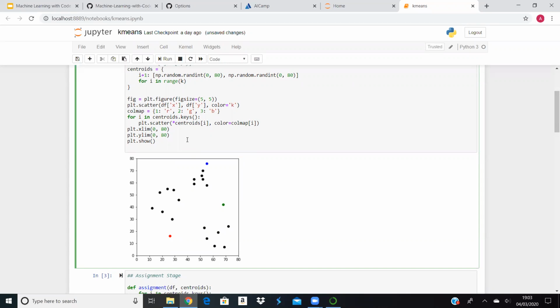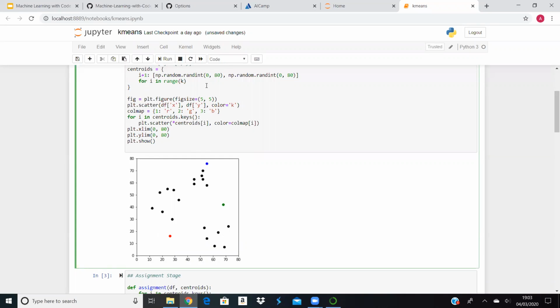Like I told you, in the beginning we define random means. These centroids are those means. I have used the word centroids here because that's the statistical language.